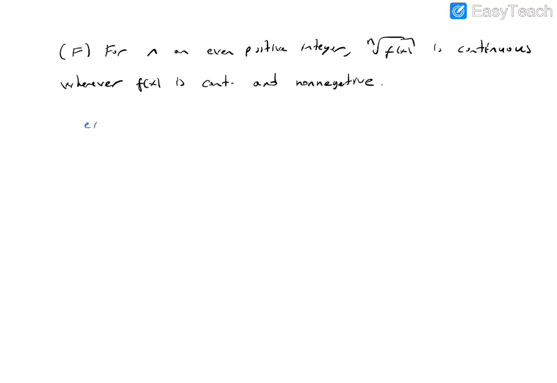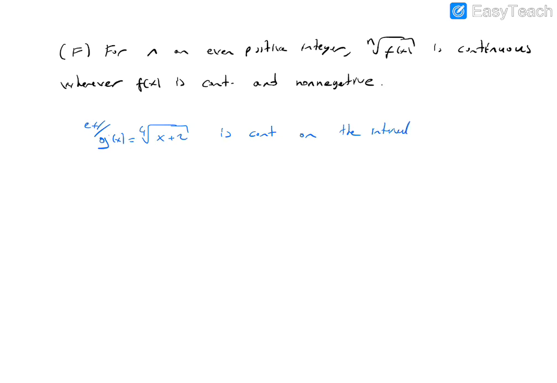So let's give an example. The fourth root of x plus 2. Let's say g of x, because f is used for another function. So it is continuous on which interval?